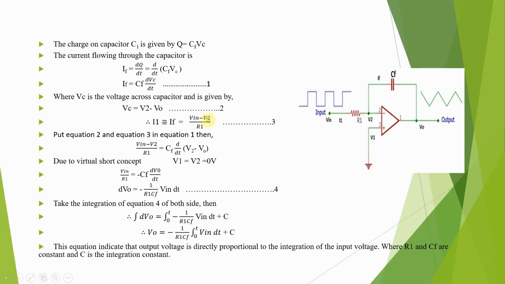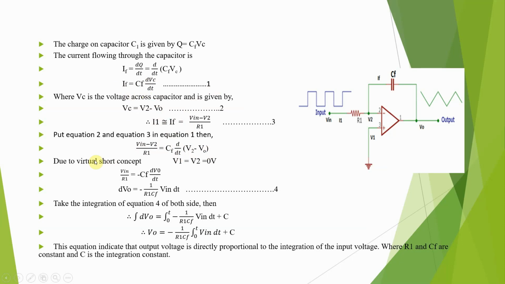Then put equation 2 and equation 3 in equation 1. Put the value of IF: IF is V in minus V2 divided by R1, equal to CF dVc by dt, and the value of Vc is V2 minus V0.